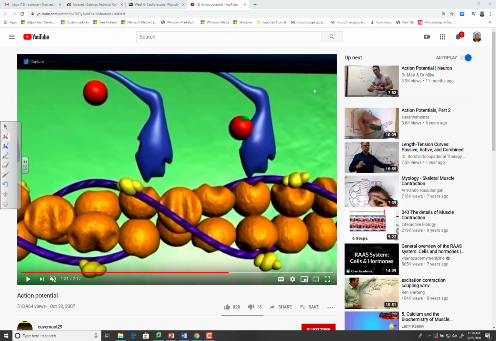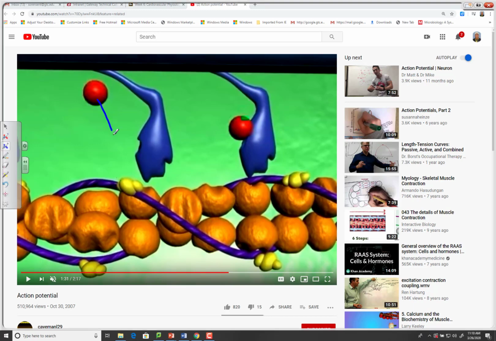As long as the tropomyosin molecule covers the binding sites on actin, the myosin head can't bind to the actin. But you got calcium flooding in. And when calcium floods into the actin and myosin, calcium binds to troponin. So watch what happens.